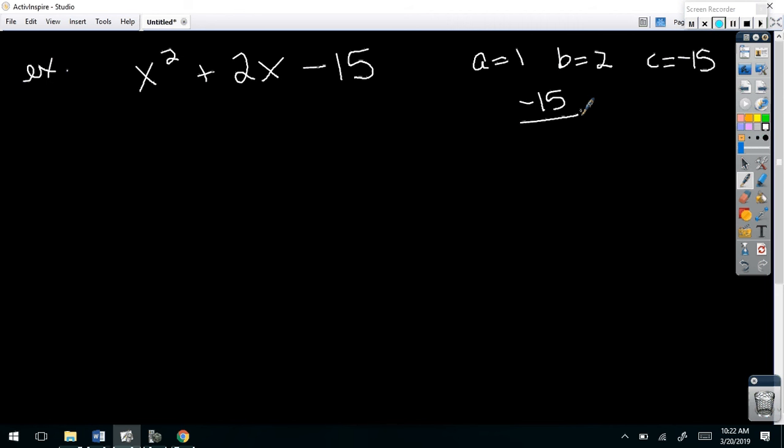Okay, so the next one says list all the factors. I don't make you list them all, but if it helps you to list them all, then list all of them. In other words, what multiplies to negative 15? 5 and 3. It could be negative 5 and positive 3 or positive 5 and negative 3. What else multiplies to 15? 15 and 1. It could be negative 15 and positive 1. Nothing else multiplies to 15, right?